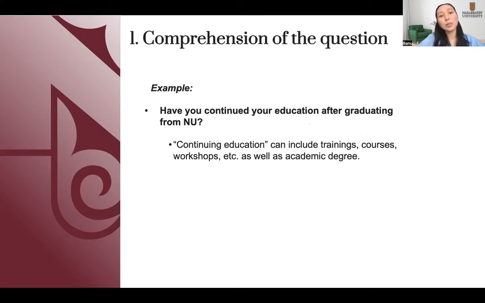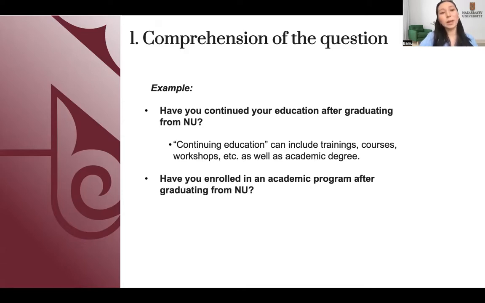the question, have you continued your education after graduating from NU? This could be interpreted in a number of ways. Continuing education can include, so someone can think about short training, courses, workshops, as well as actually earning an academic degree. So when answering this question, the respondents can have different understanding of this question.